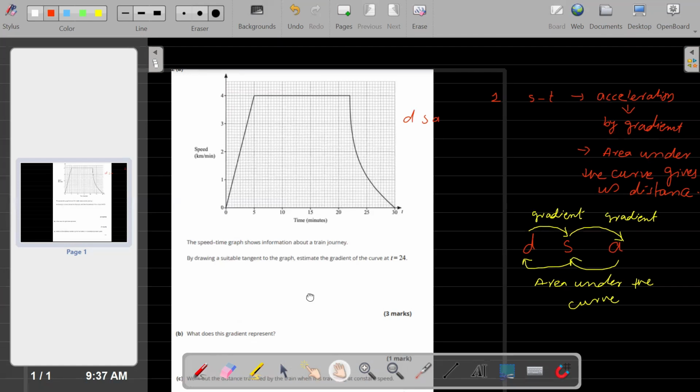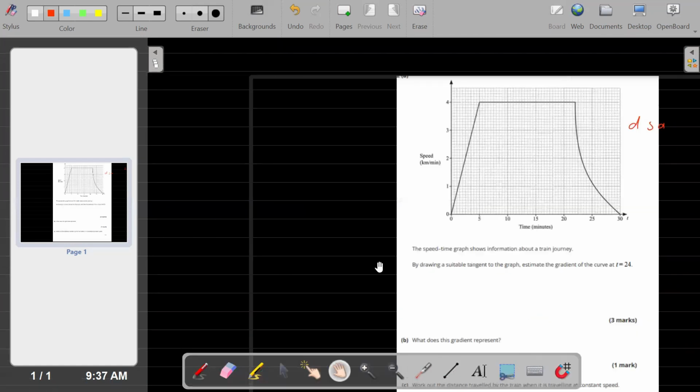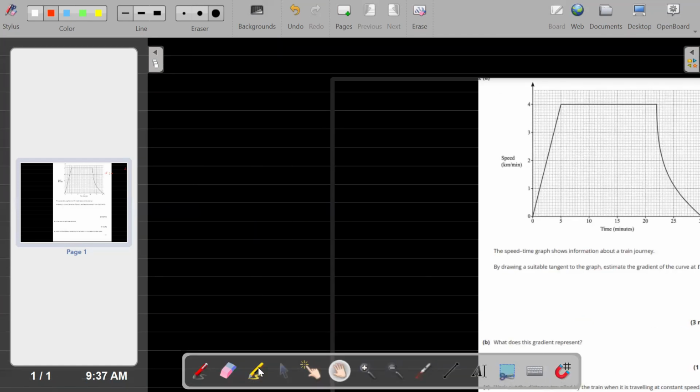Let me tell you about the two cases. How can they ask the question for that, and how do we solve it? There are a few cases.